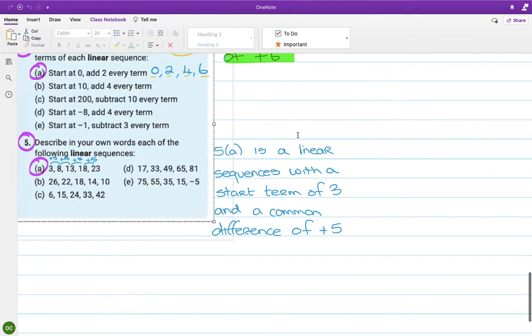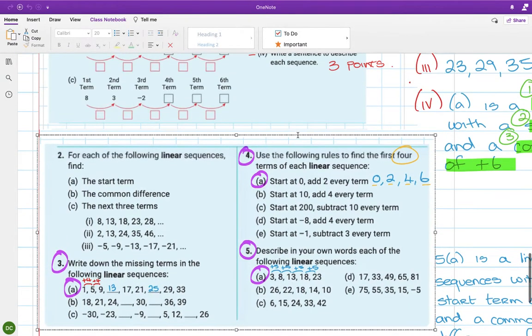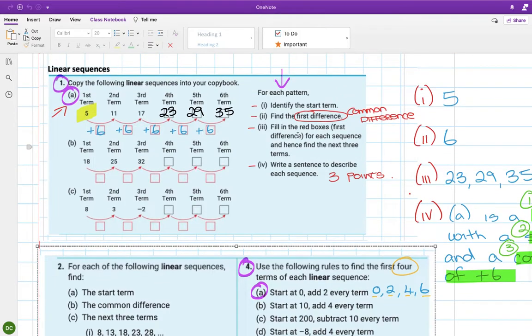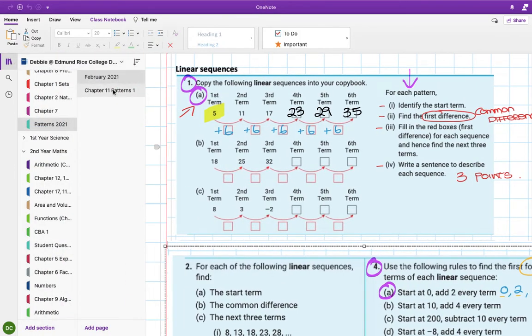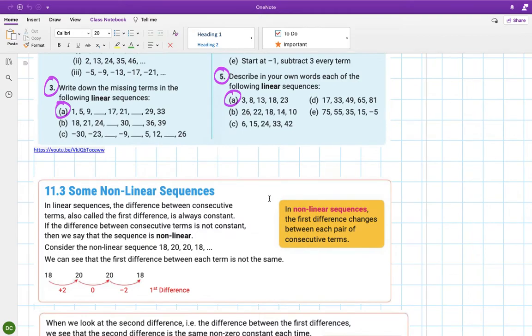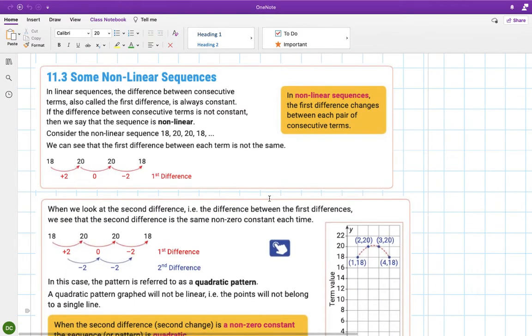So that's the homework. Hopefully that went okay. So we'll pop back in here and we'll have a look at some non-linear sequences.